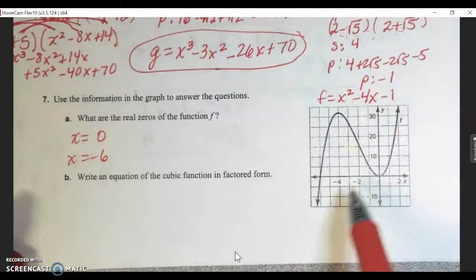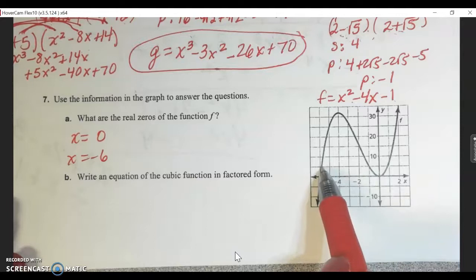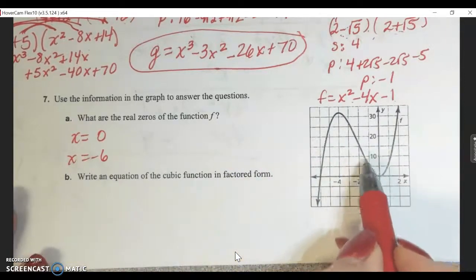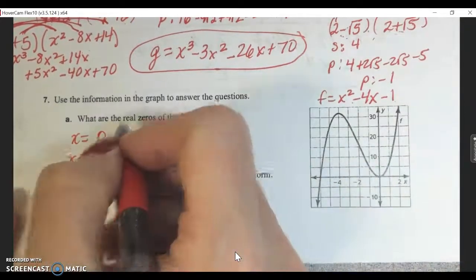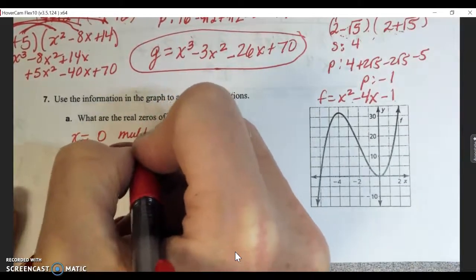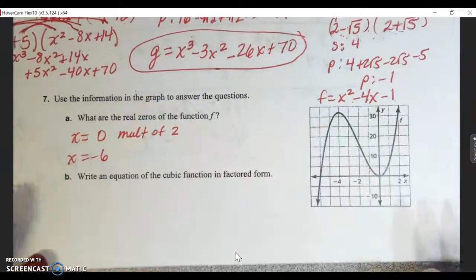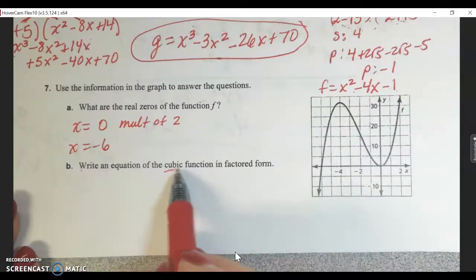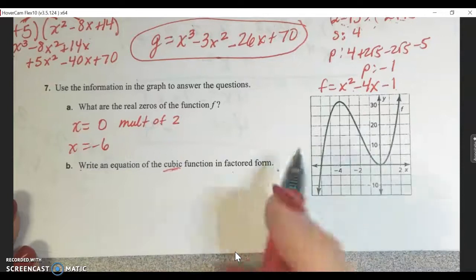Now, we talked about multiplicity a while ago. -6, we go straight through that, so it just has a multiplicity of 1. But at 0, it's bouncing. What did we say about that multiplicity? It would be a 2, wouldn't it? Multiplicity of 2.